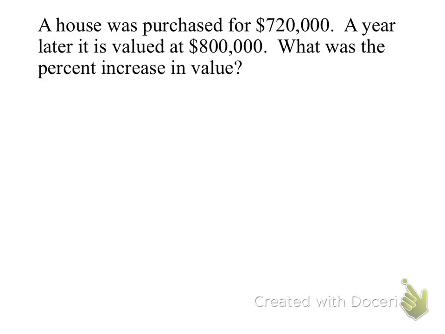So, what am I going to do in my numerator? 800,000 minus 720,000. Perfect.